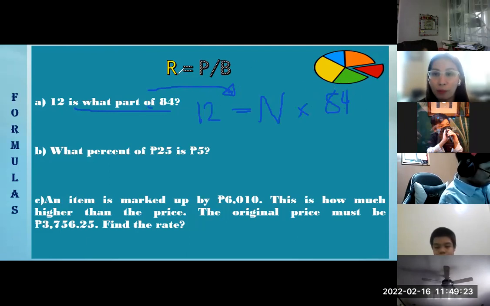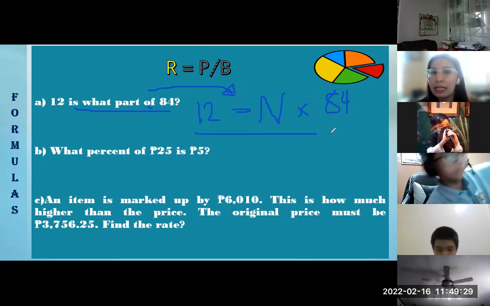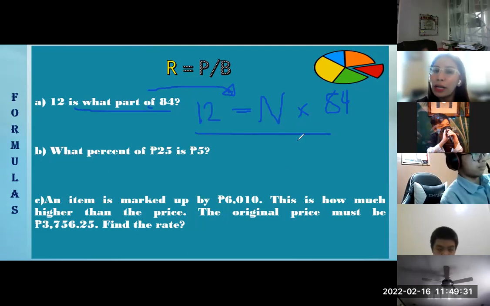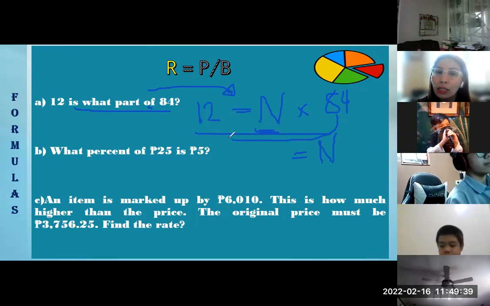Okay, kung walang formula, the number sentence will be now like this. Ganyan siya. Now, paano yan? Let's isolate N. Iwanan natin yung N sa right side. Lipat natin tong 84 to the other side. The multiplication now becomes division.